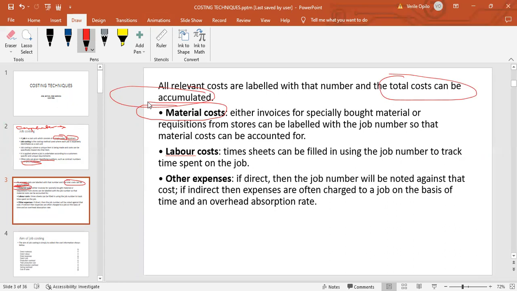If you're incurring any amount in terms of material, you have to include each and every material that has been specifically bought in order to fulfill that job that you have been given by the client. So in this case, you're going to include all the direct materials and all the indirect materials.